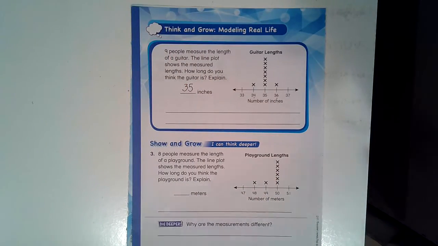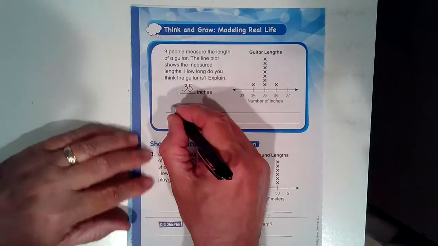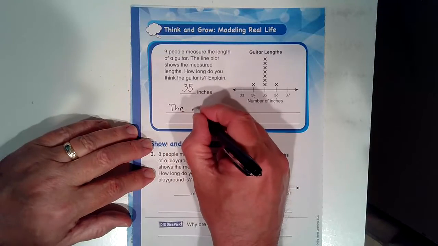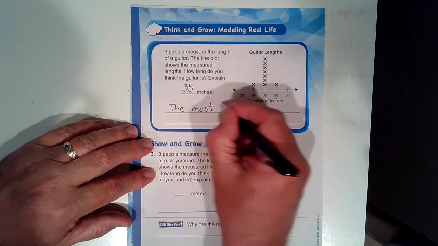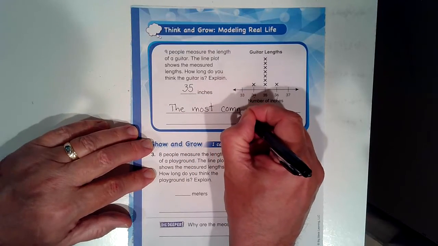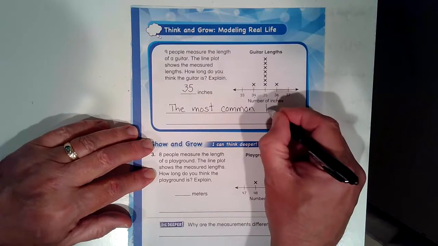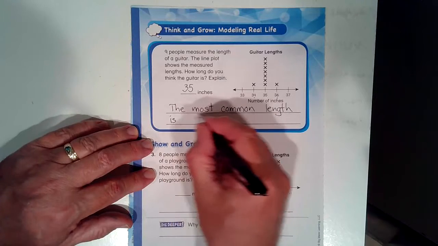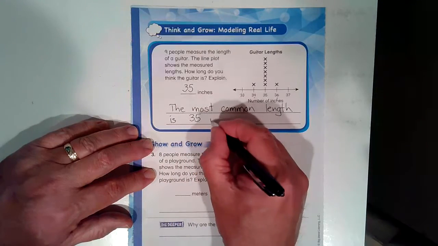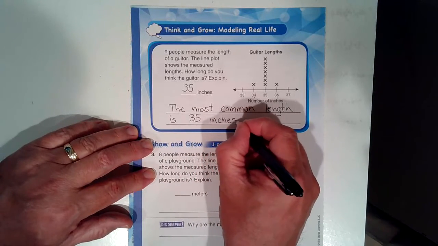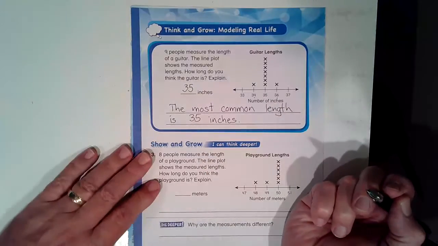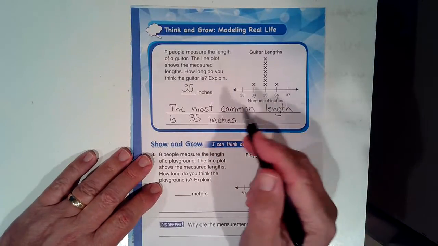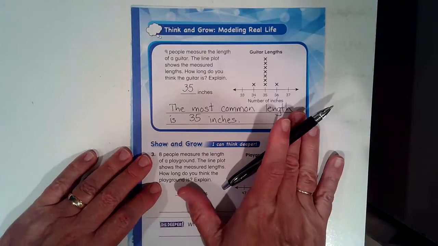And then why do we say that? Well, that is the most common. The most common length is 35 inches. Right? All right. Now, that's not a guarantee, boys and girls.